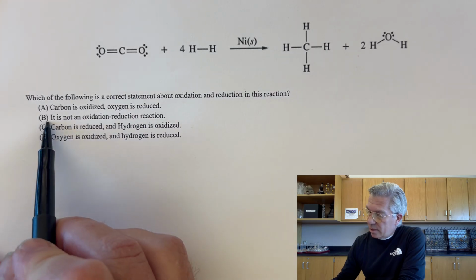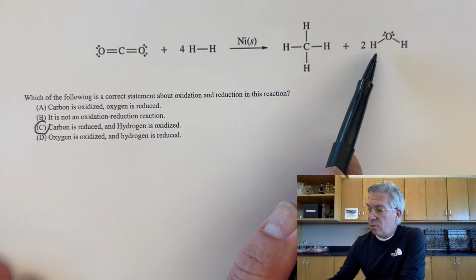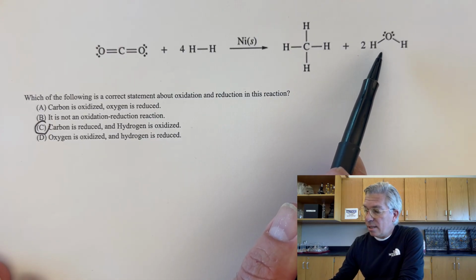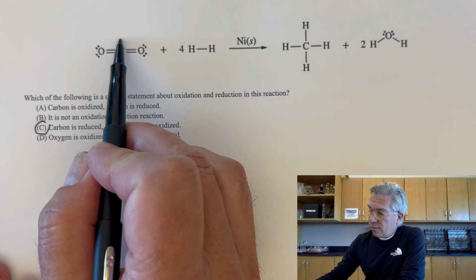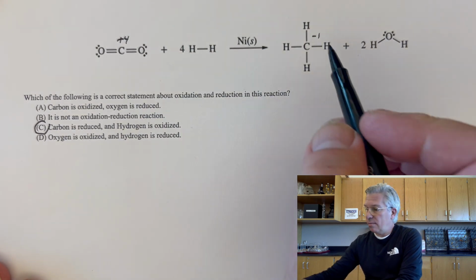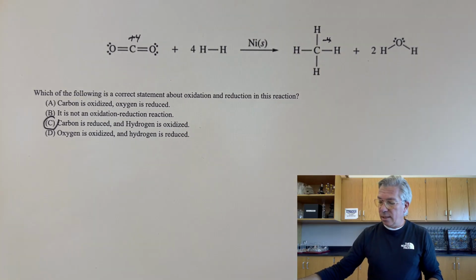I would say it's going to be letter C, because hydrogen is going from 0 in the elemental form to +1. So that's redox. And we need something that gets reduced in exchange for that. And carbon is going here from +4 down to -4, because hydrogen gets the +1 charge in something like that.